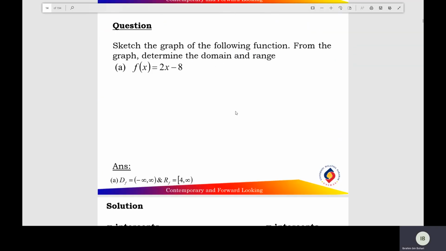Okay, here is an example. Sketch the graph of the linear function f(x) equals 2x minus 8, and find the domain and the range of the function.